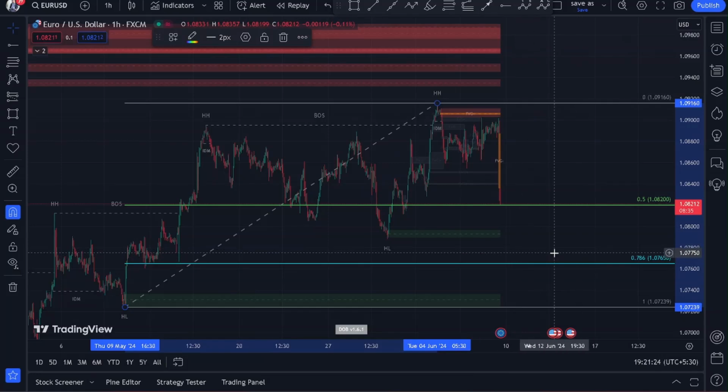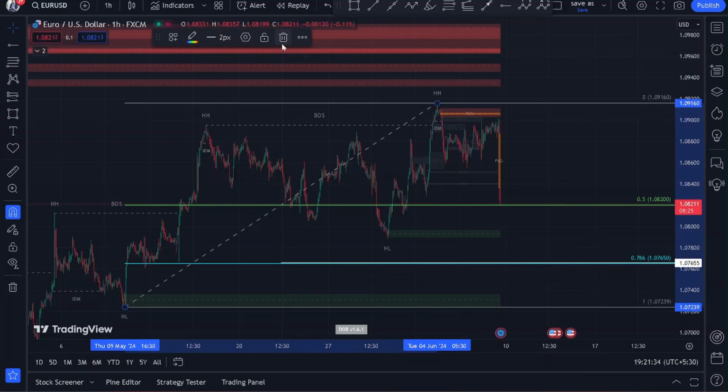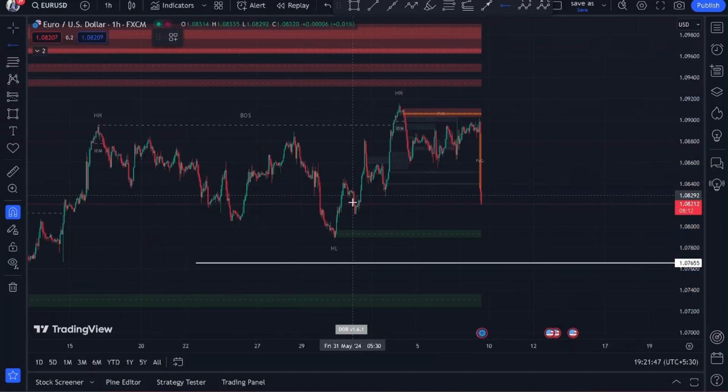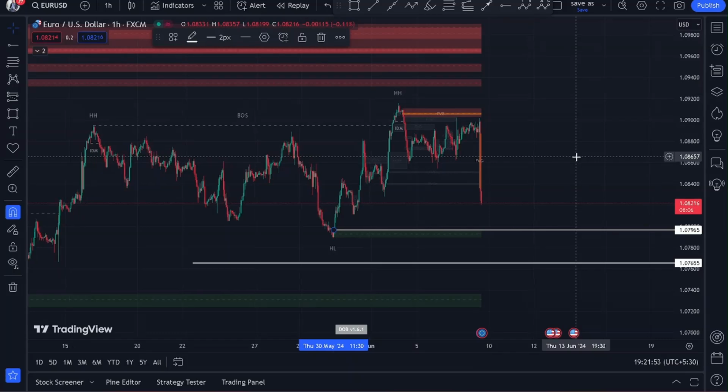So within this range, we have drawn a horizontal line on the 0.7 level, which is coming at 1.07650, and we have an order block at 1 hour nearly at 1.0765 almost.